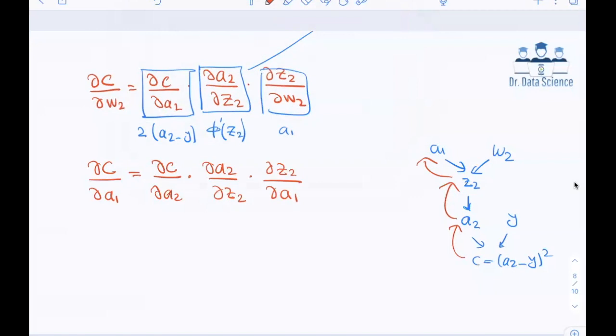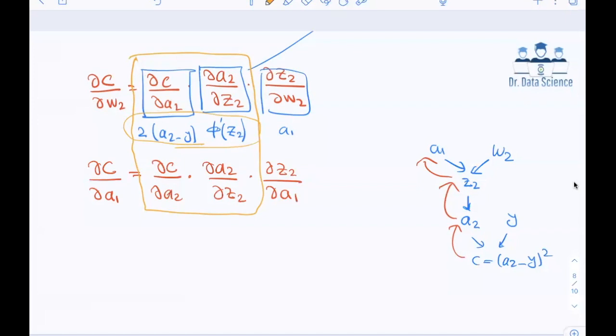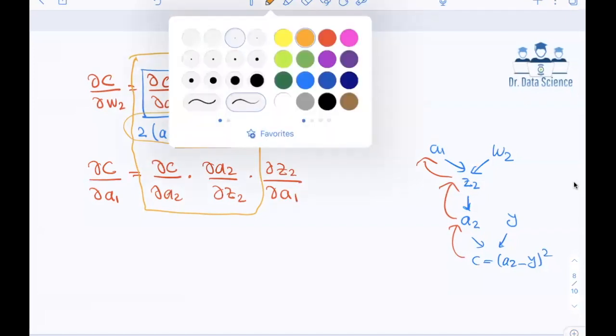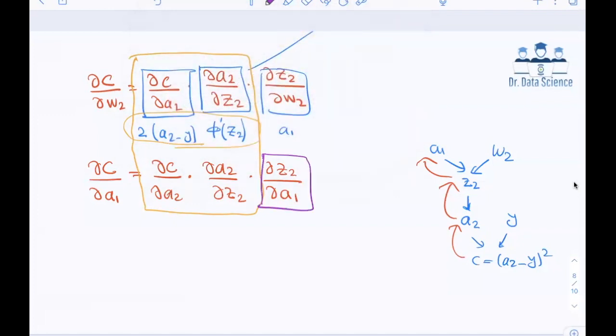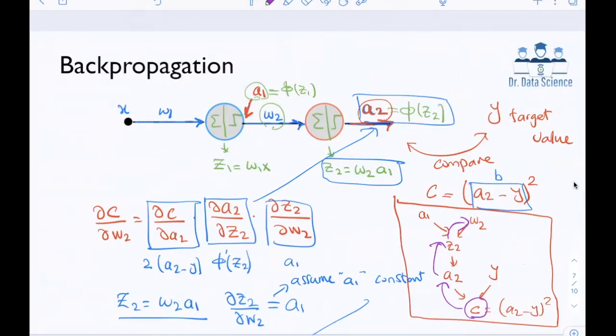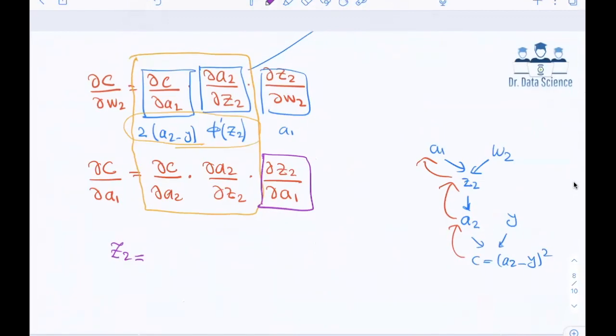If you look at it, we already calculated 2 out of 3 terms that we have here. So this means that now I don't have to start from scratch. I can just use these results that I have for both cases. And the only thing that is extra here that I have to calculate is this term, right? And let's remember, what was Z2? If you remember from the previous slide, Z2 is equal to W2A1.